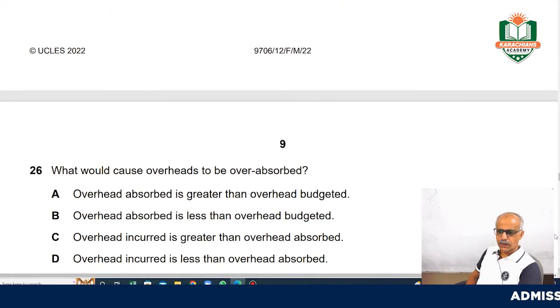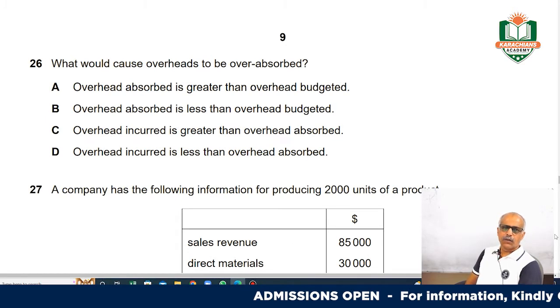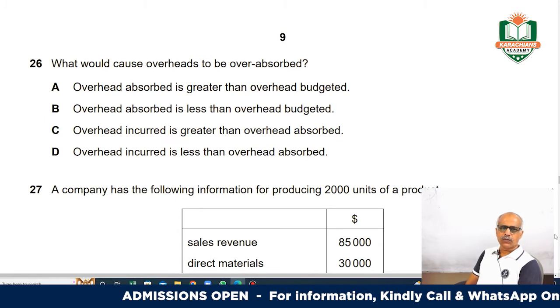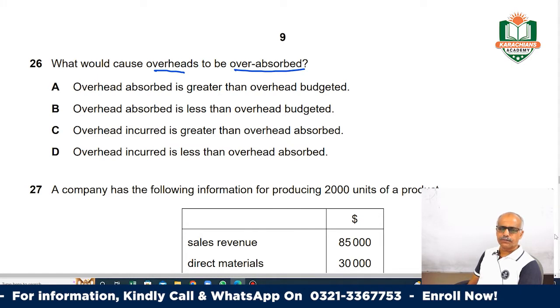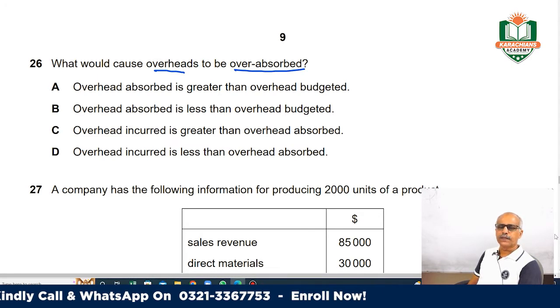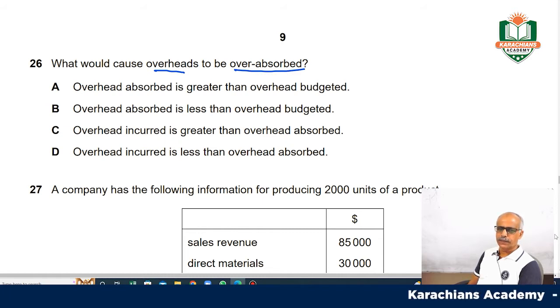Let's see what is question 26. What would cause overheads to be over absorbed? Four options are given here. A, overhead absorbed is greater than overhead budgeted.